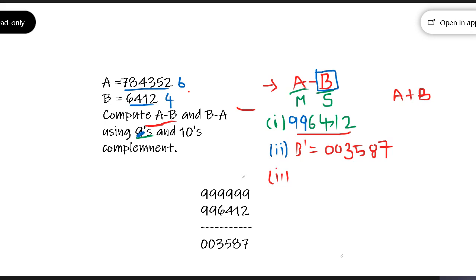After finding the B complement, you add it to the minuend, which is nothing but A plus B dash. So basically you add it to the particular value 7, 8, 4, 3, 5, 2. So what do you get now here?